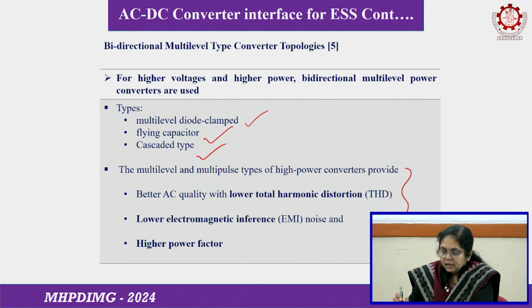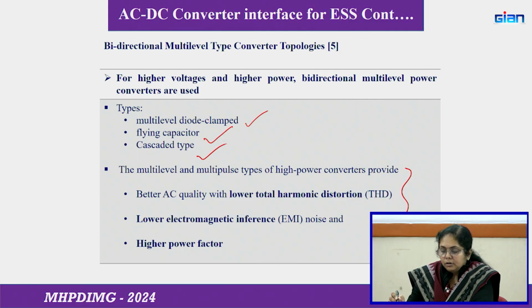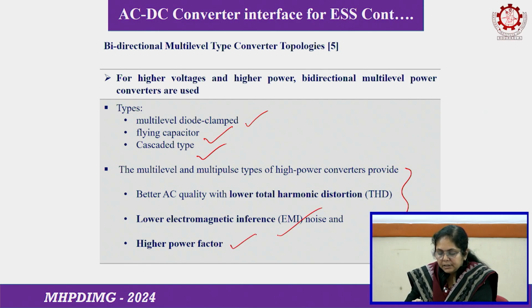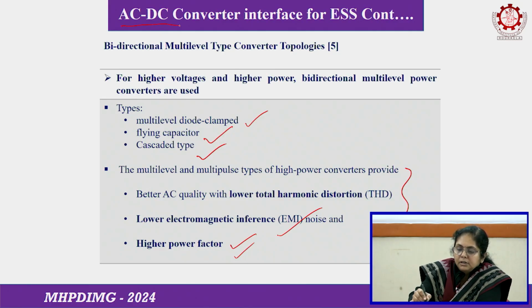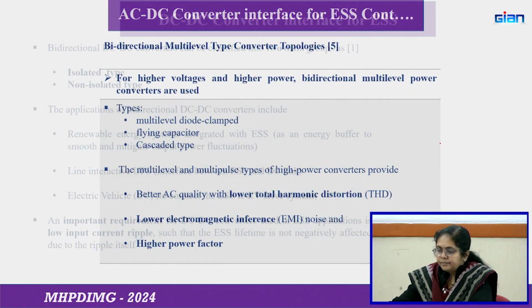In multi-level converters, we have the advantage of better power quality, that is lower THD, lower EMI, electromagnetic interference, and it gives a better, or higher, power factor. So, this is about the AC to DC converter topologies we use for interfacing between the microgrid and the energy storage system.